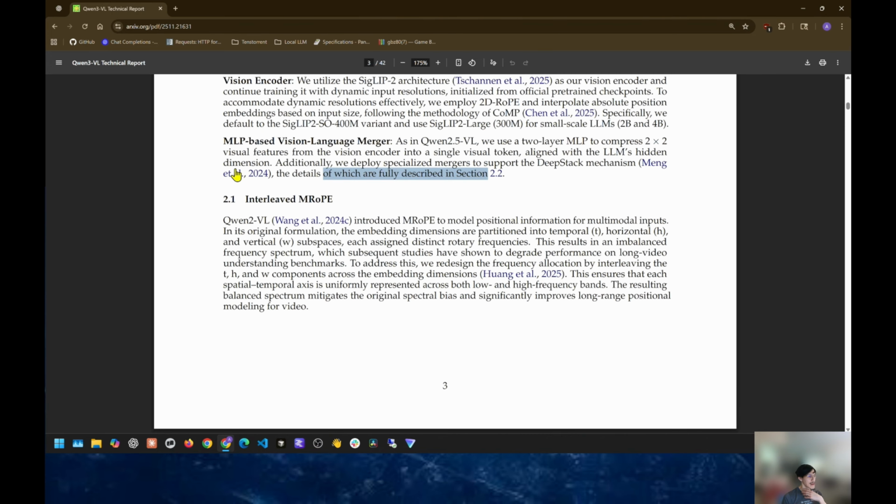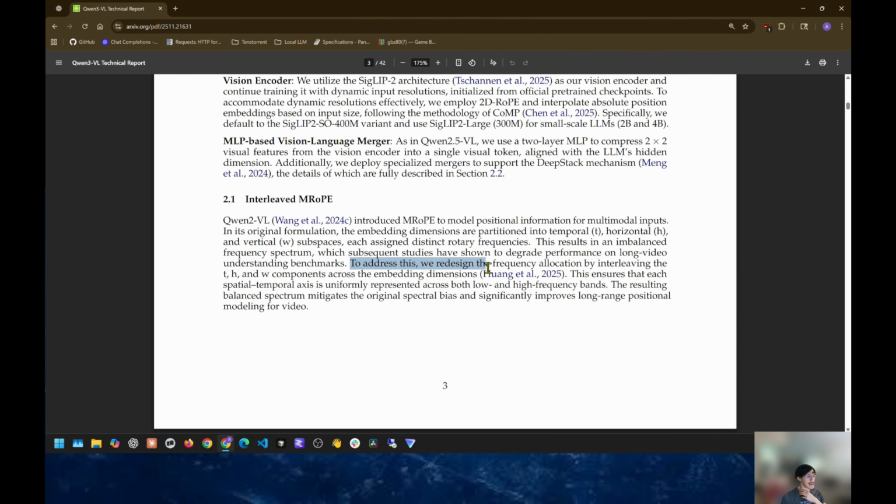Interleaved mRoPE. Qwen2 VL introduced mRoPE to model positional information for multimodal inputs. In its original formulation, the embedding dimensions are partitioned into temporal T, horizontal H, and vertical W subspaces, each assigned distinct rotary frequencies. This results in an imbalanced frequency spectrum, which subsequent studies have shown to degrade performance on long video understanding benchmarks.